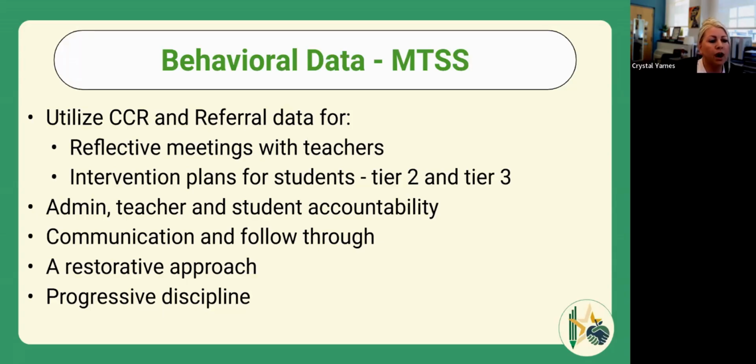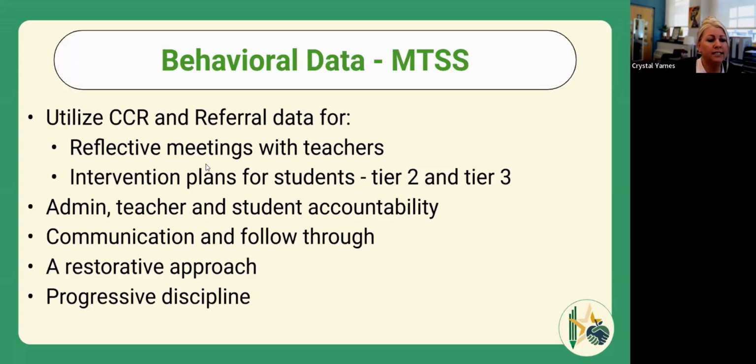From that point forward, our assistant principal will meet with those teachers throughout the month to go through the data, to analyze the data, to reflect on the data, and to see, okay, what's going on? Why are we having an uptick with students being sent out? We might see that maybe it's just 1 or 2 students. Maybe we'll see that it's a specific period that this is happening with.